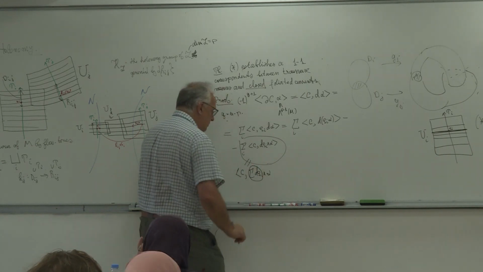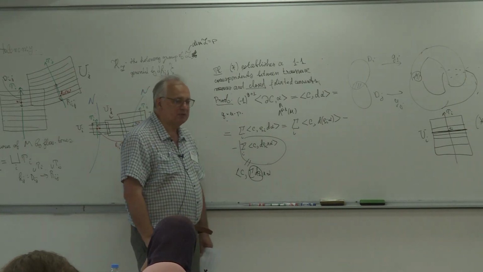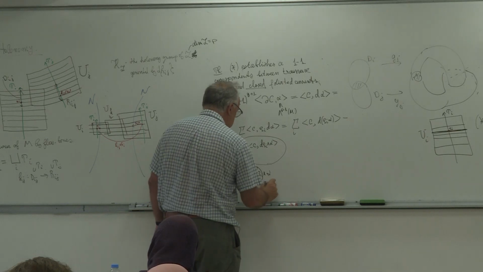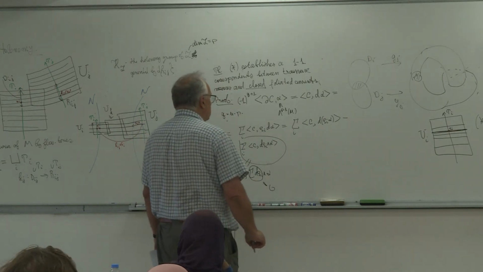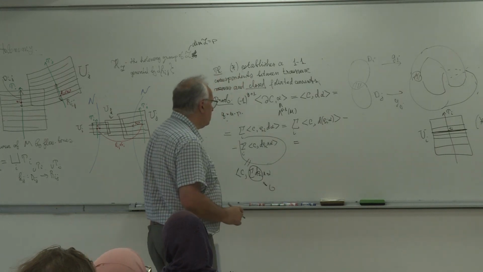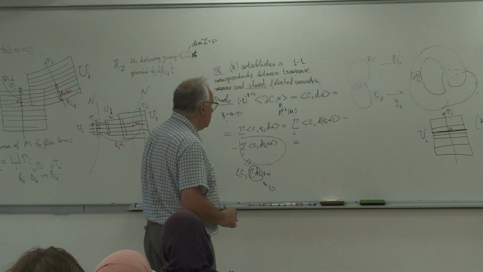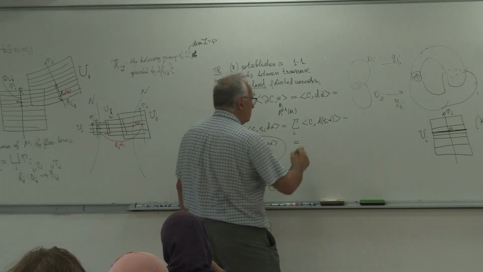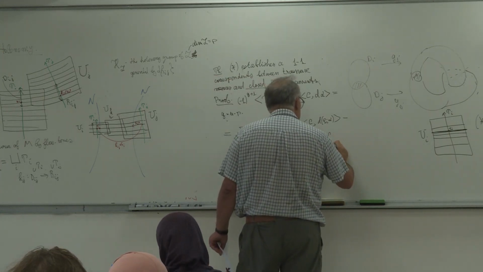The sum of d rho I is the differential of 1, so this is 0. So I have only this thing, and now I must apply my definition. So I must integrate.